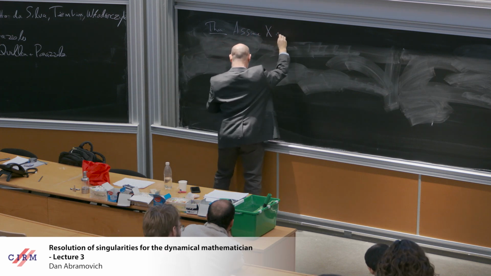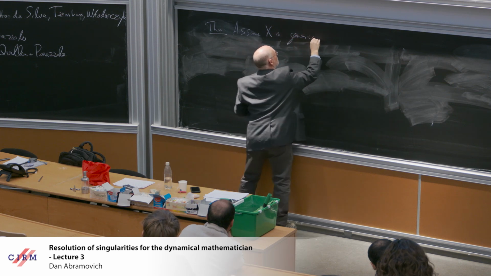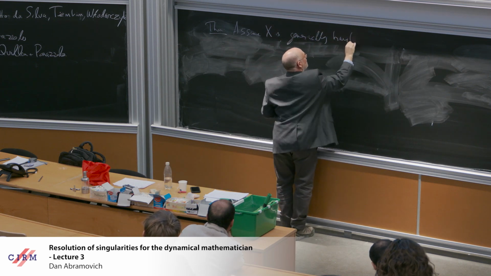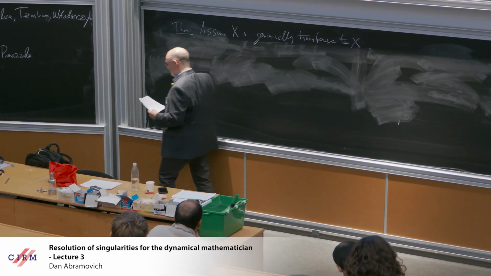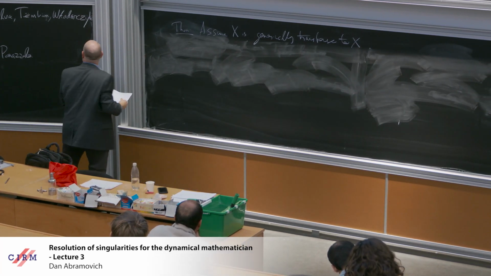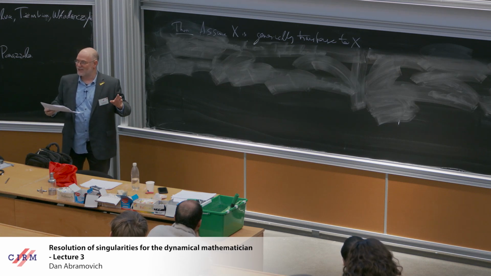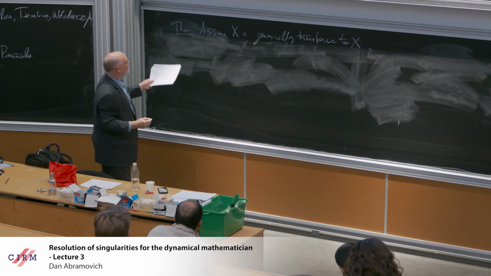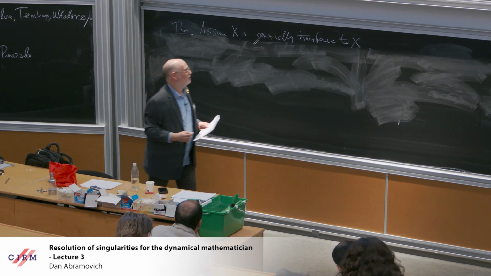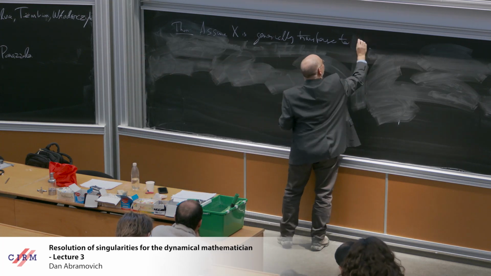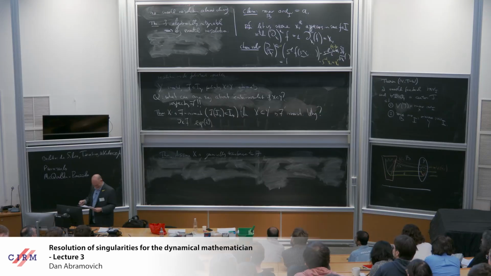Assume X is generically transverse to F. I really hope to give examples at some point in this hour. We'll see if we get there. You know what that means? It's very restrictive if X is generically transverse to F.